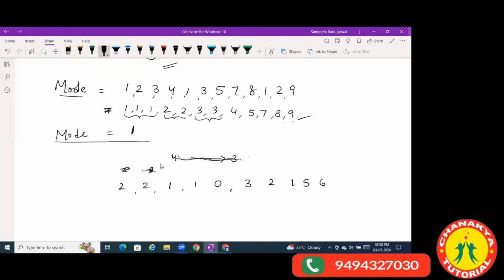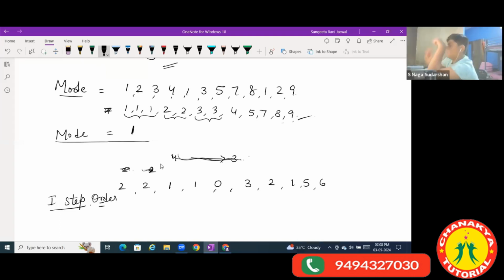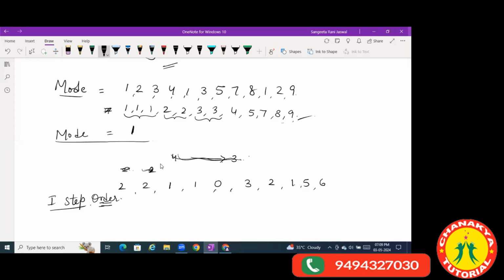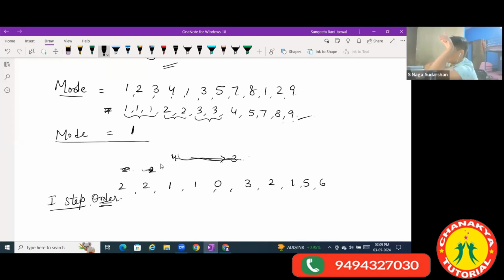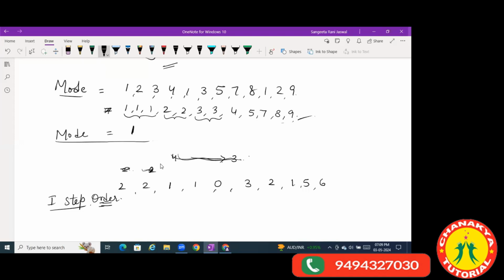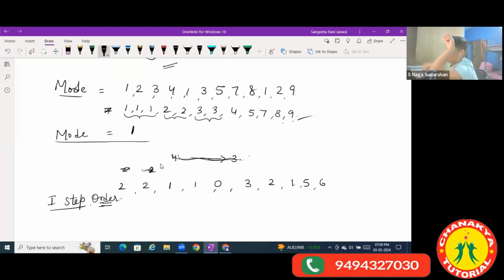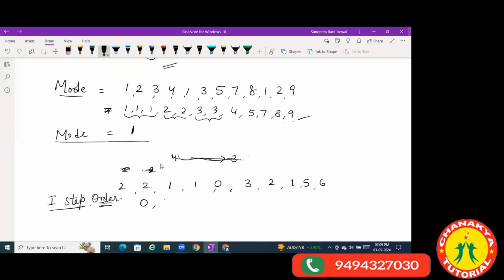Now tell me here which number has the maximum occurrence. What is your first step? To arrange the numbers in order. How will I arrange it in ascending order? 0 first. Then 3 times 1.